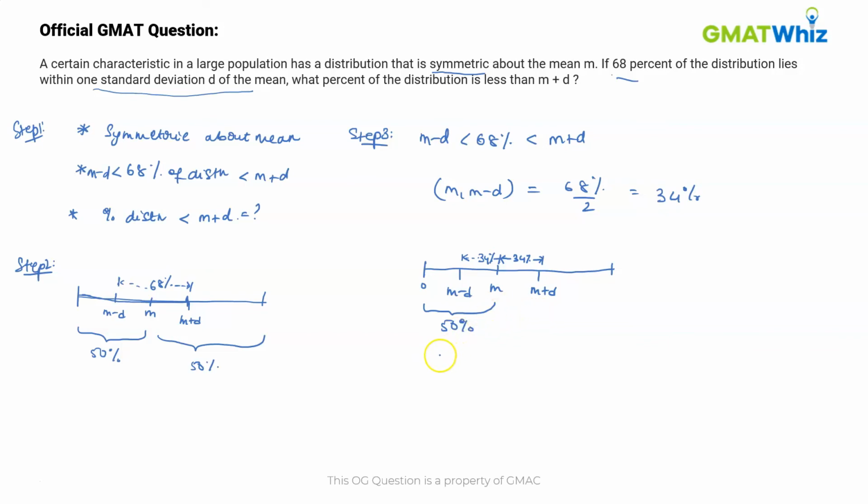Now, if we want to find the percentage of distribution less than m plus d, we have to add up 50% and the percentage of distribution between m and m plus d, which is 34%. So this is equal to 50% plus 34%, which equals 84%, which is option D.